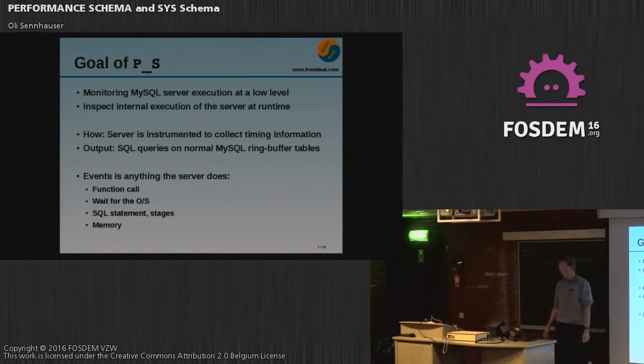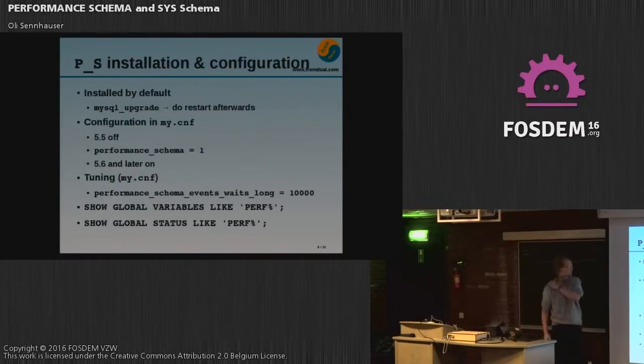Simple SQL queries, mostly selects, on MySQL performance schema tables, which are more or less ring buffer tables. Events, we are talking about events in the performance schema, so everything is an event. For example, operating system function calls, other function calls, waits for the operating system, SQL statements, stages, memory, everything is called an event in the performance schema.